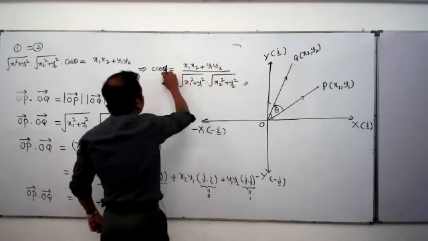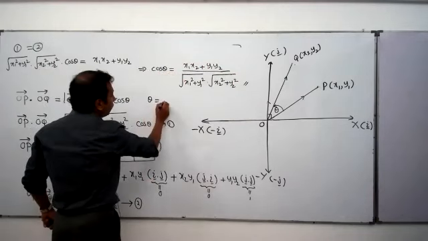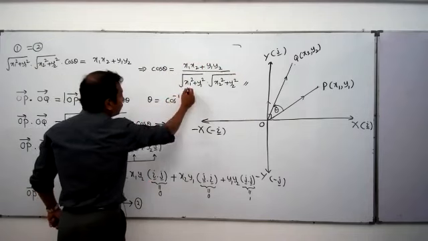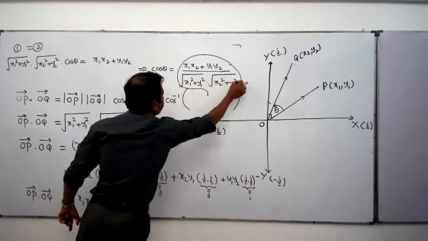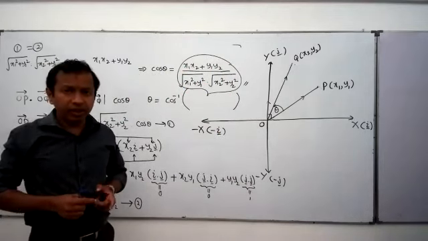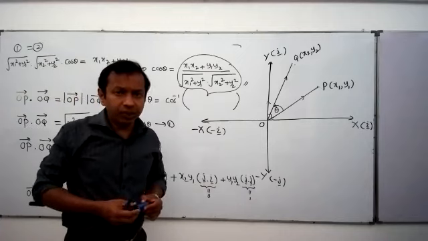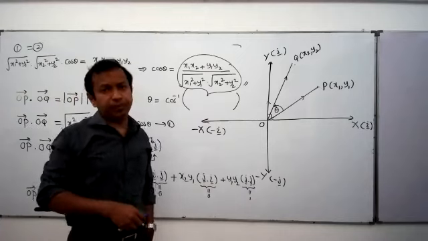This way we can find cos theta, and theta is equal to cos inverse of the same expression. That way we can find the angle between two vectors on the OXY Cartesian coordinate plane.